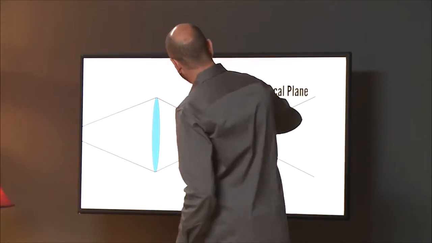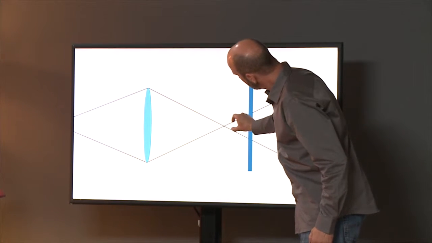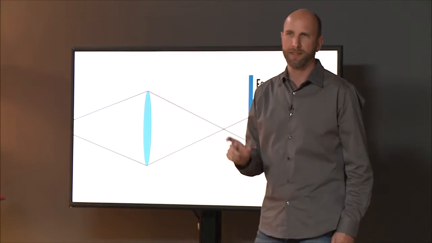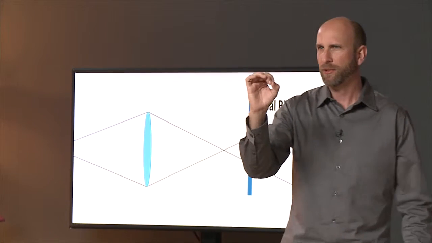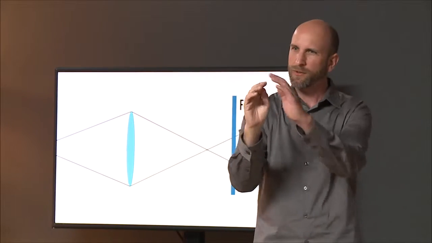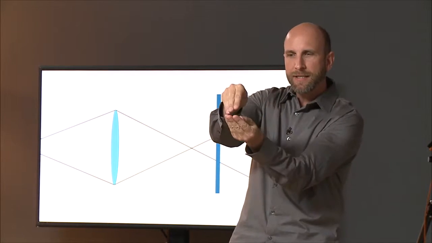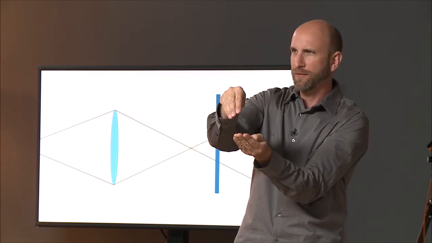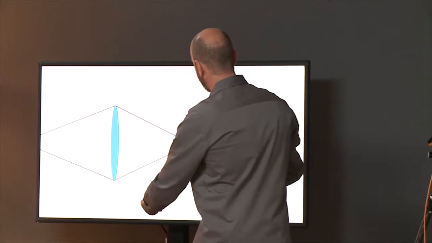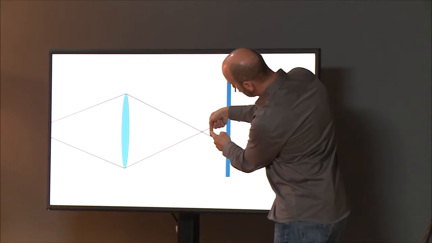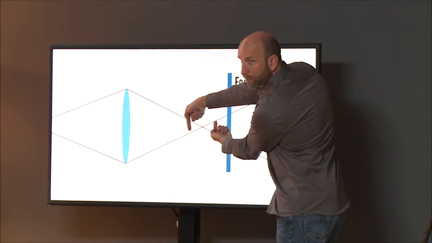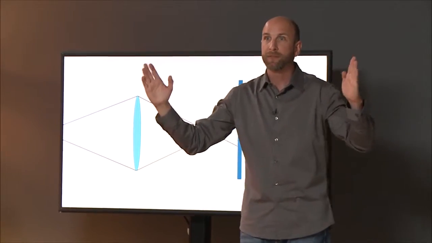So if the focal plane is just off a little bit, we can still identify that thing as a point, even though it's not as crisp as it could be, it's within the circle of confusion. In other words, it's inside of this thing that we accept as in focus. And so usually that is just a little bit before and a little bit behind this point. And that's how we get depth of field.